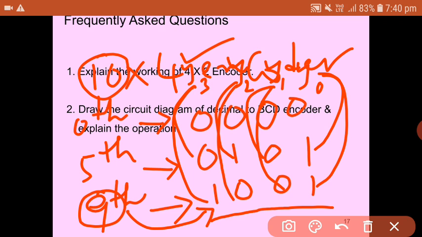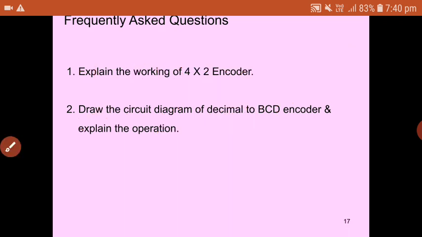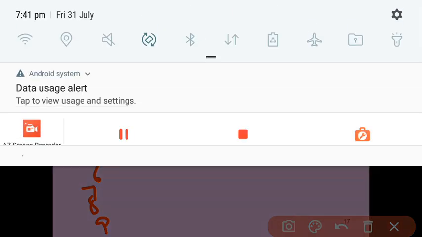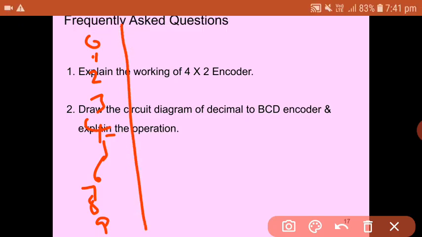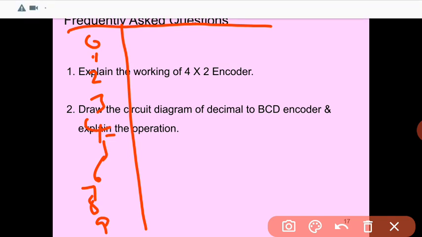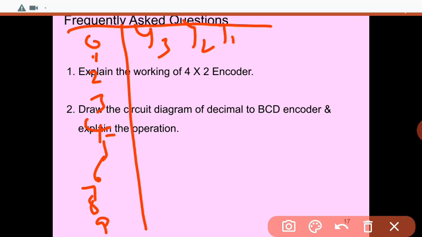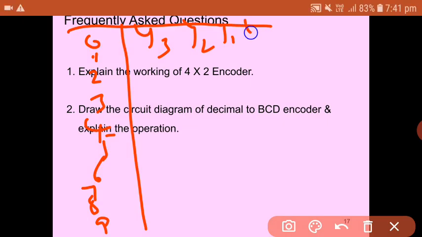You need to draw the truth table for the decimal to BCD encoder, considering 10 inputs, 0 1 2 3 4 5 6 7 8 and 9, and correspondingly 4 outputs, y3, y2, y1, y0.